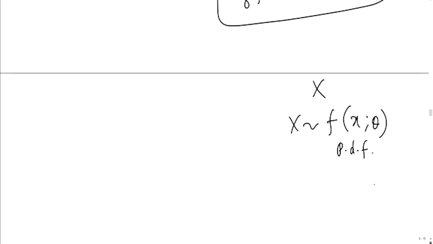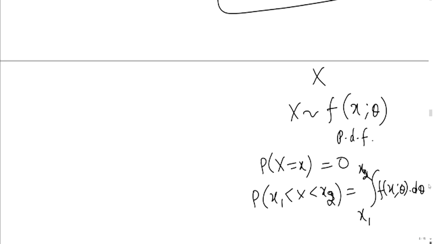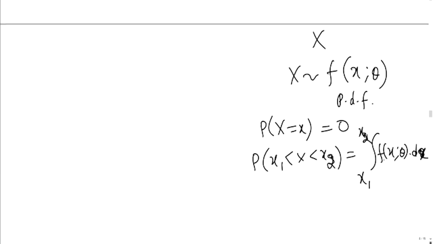Now, the probability of any point value of x would be 0, which we have derived, and the probability of observing an outcome between x1 and x2 would be given by the area under this probability density curve with respect to the parameter theta, or with respect to x. This is how we can work with continuous random variables.